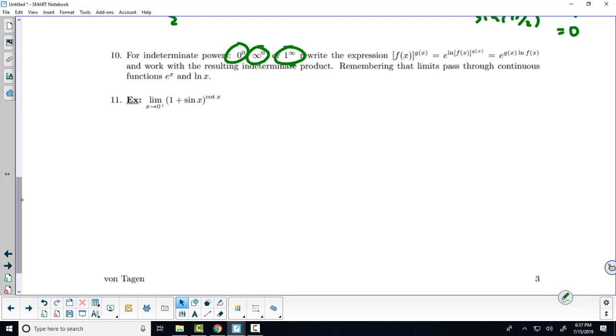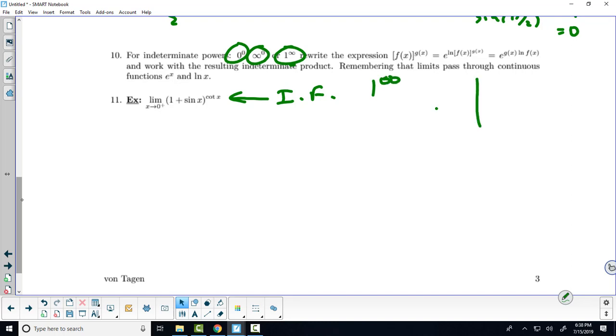So anyway, let's look at this one here. Let's identify its indeterminate form. Careful, sine of 0 is 0, so this is going to be a 1 plus 0, and then as we approach 0 from the right, what's our cotangent approaching? It's approaching infinity.